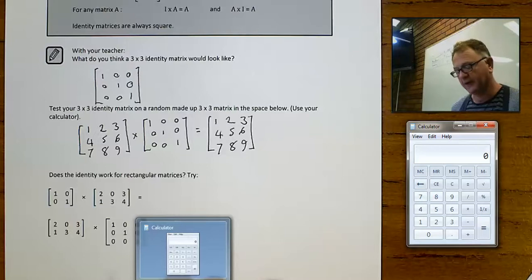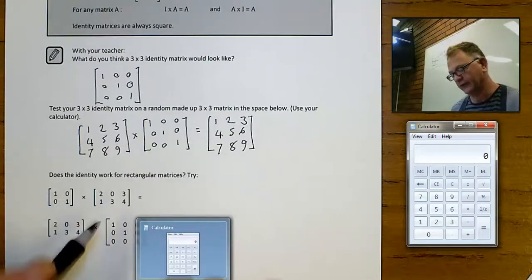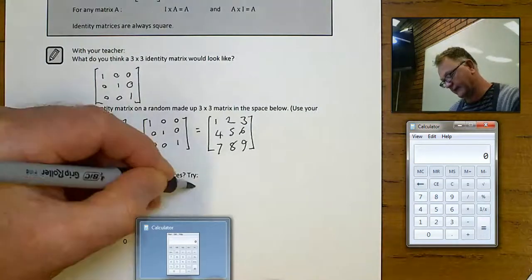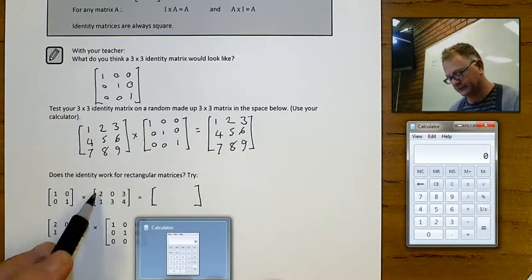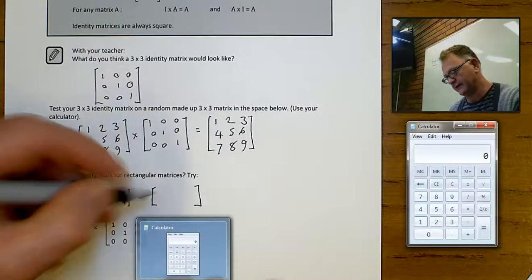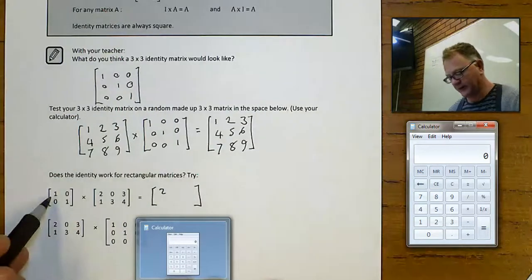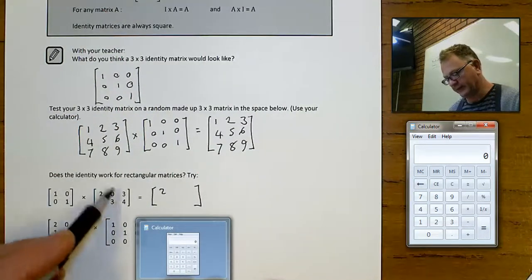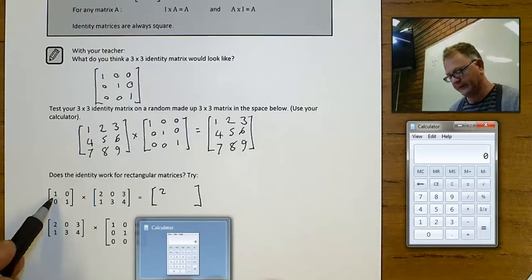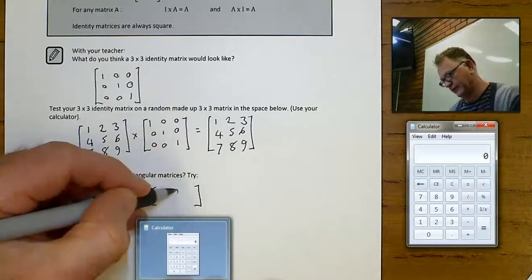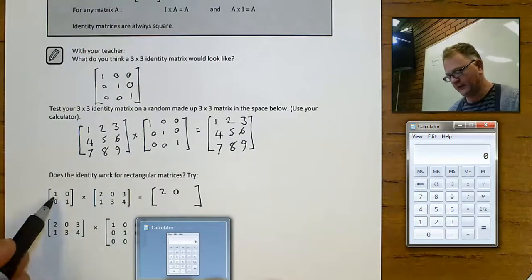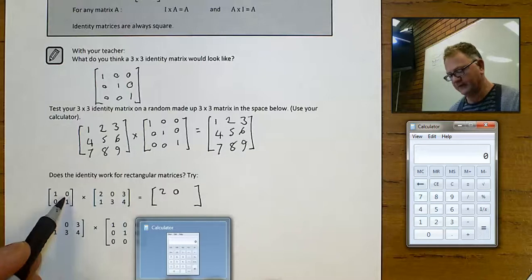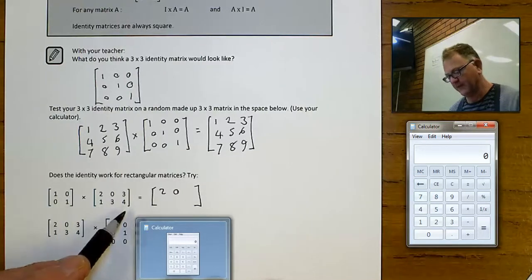And I'll multiply the first row by the first column to get an entry in this matrix here. So it's 1 by 2 plus 0 by 1, that equals 2. I'll multiply this row by this column, 1 by 0 plus 0 by 3 equals 0. This row by this column, 1 by 3 plus 0 by 4 has to equal 3.